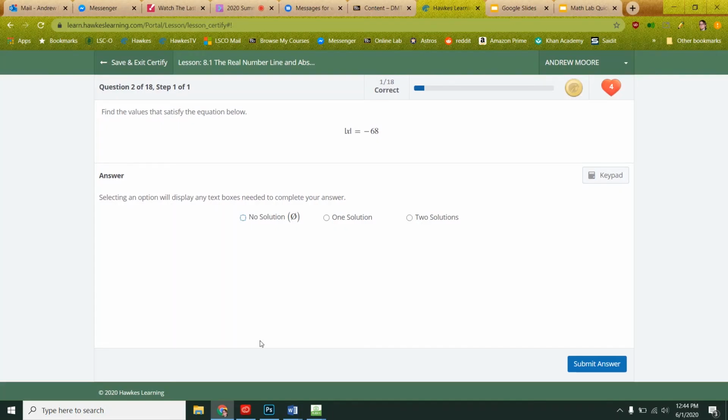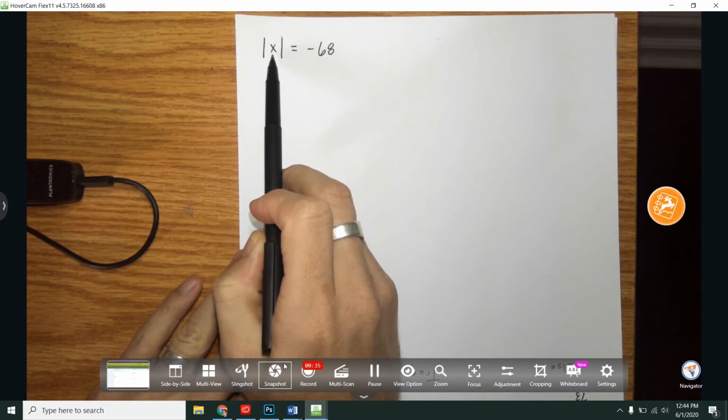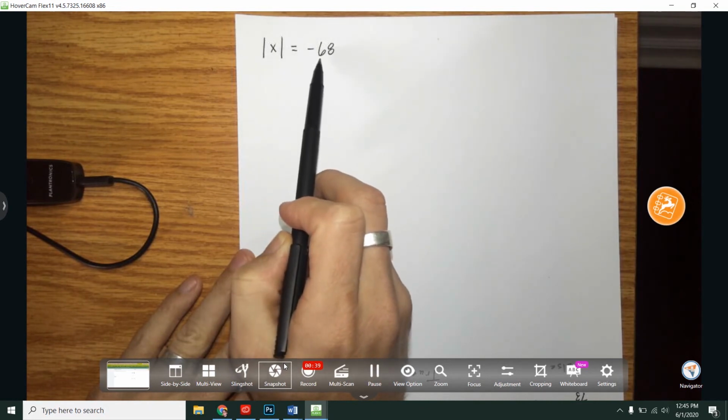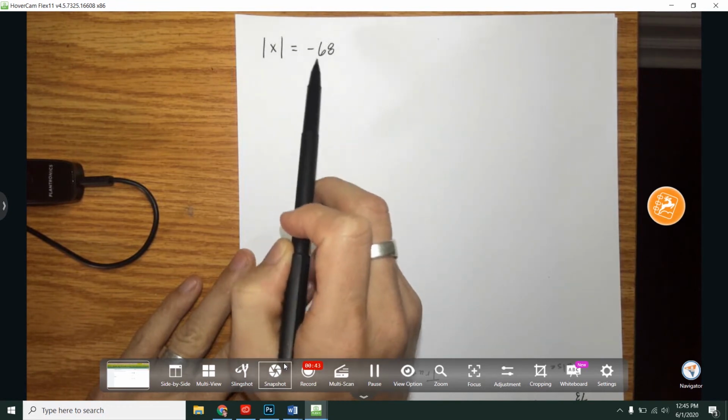We have the absolute value of x. This equals negative 68. Now it's asking if this has no solution, one solution, or two solutions. An absolute value yields a positive result. Now we have an absolute value that gives us a negative result. Anytime we have an absolute value that's given us a negative result, that is not even possible.